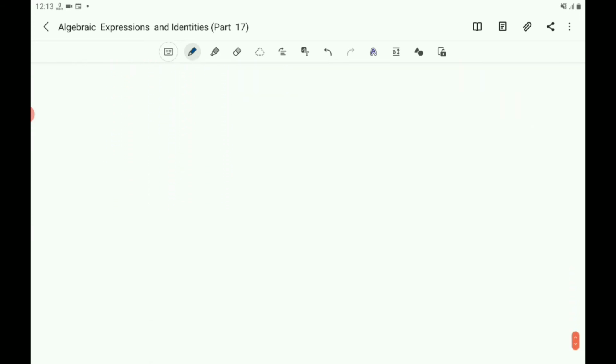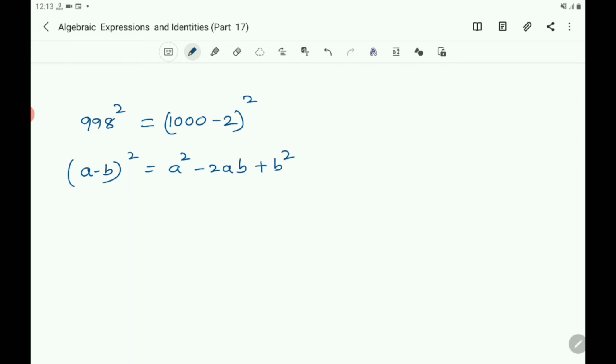Next you take 998 square. You can express 998 as 1000 minus 2, and 998 whole square is 1000 minus 2 whole square. Now write the identity a minus b whole square equals a square minus 2ab plus b square.